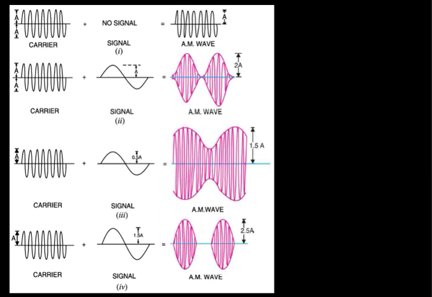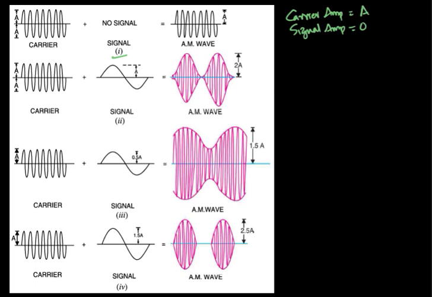The first one here, number 1. Here we are having a carrier wave with amplitude A. So carrier amplitude A, and the signal amplitude is 0, that is there is no signal wave.